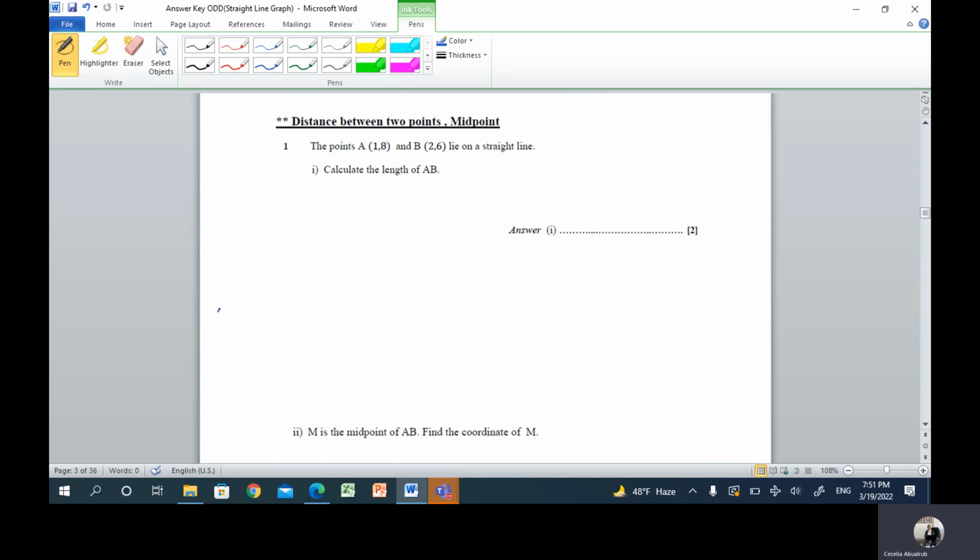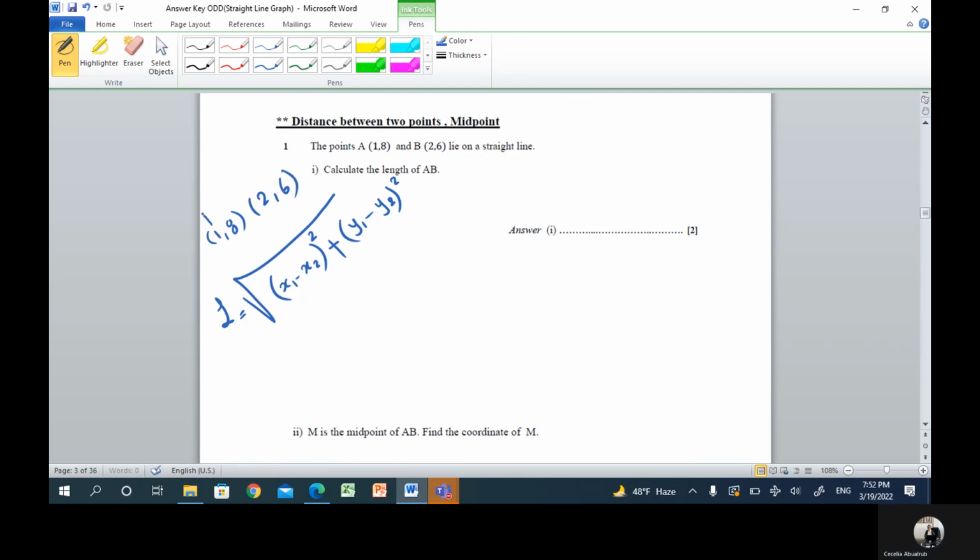Remember, one of the formulas, you should memorize it: L is equal to the square root of a bracket squared plus another bracket squared, where we use the difference of x, so x1 minus x2, and y1 minus y2. How do we substitute this? The 2 points are 1, 8 and 2, 6.